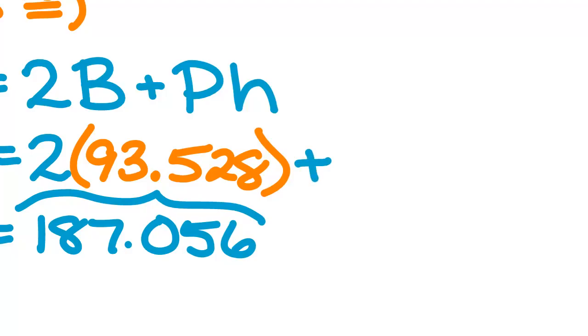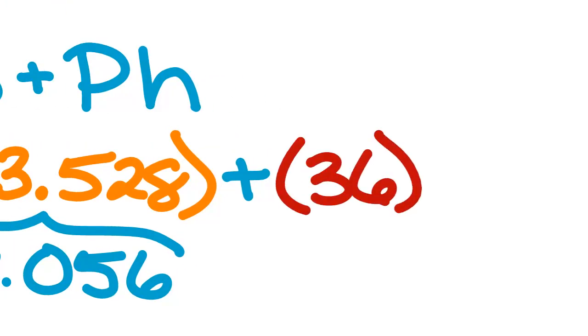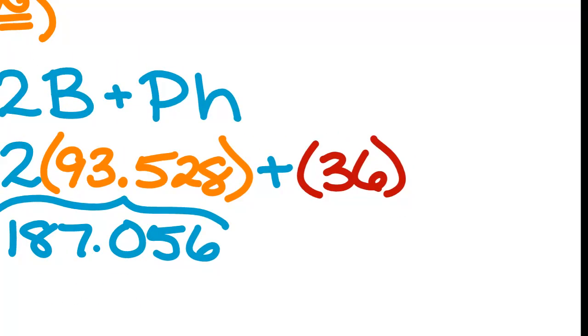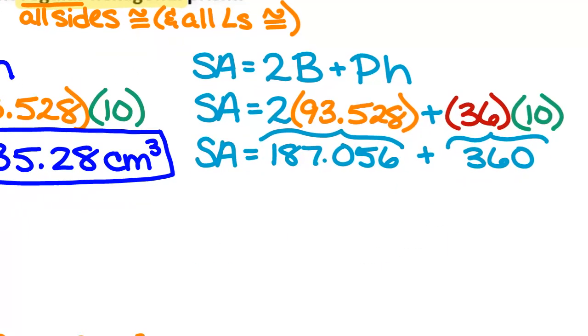Plus the perimeter of the base. What was the perimeter of the base? 36 times 10, the height of the prism. You're absolutely correct. So 36 times 10 would give us what? 360. So then we add 187.056 to 360.